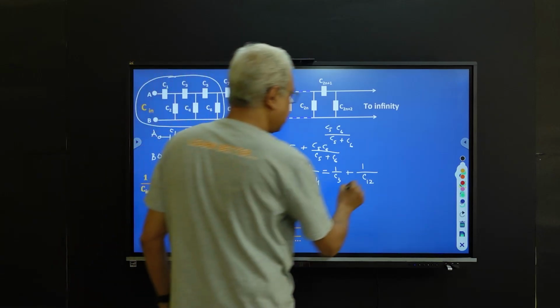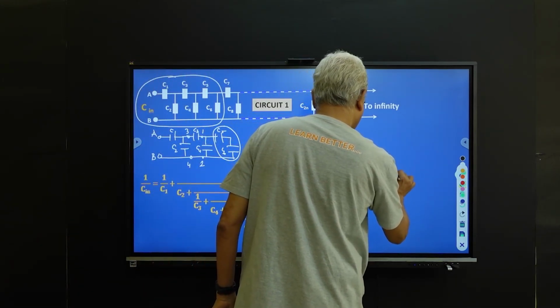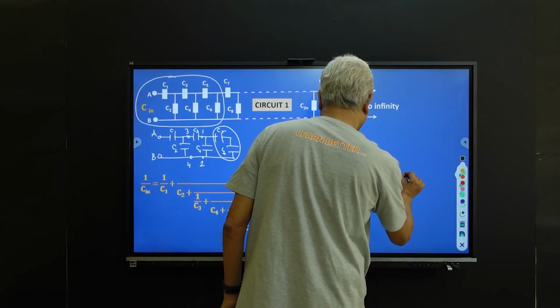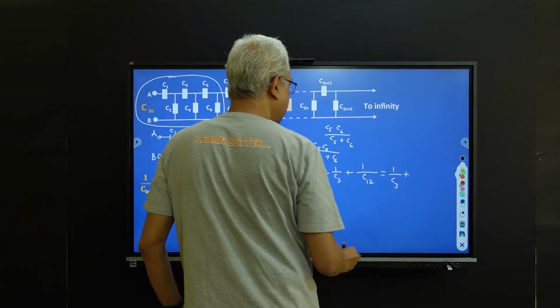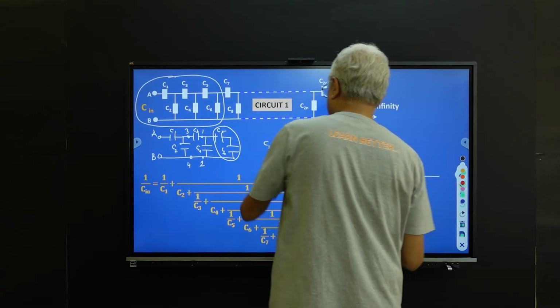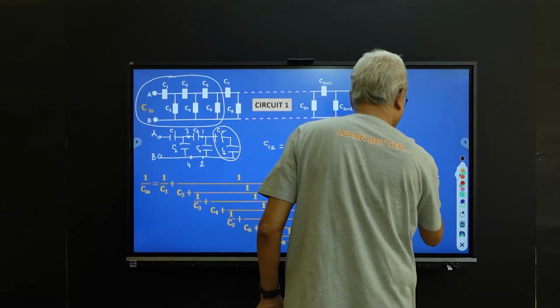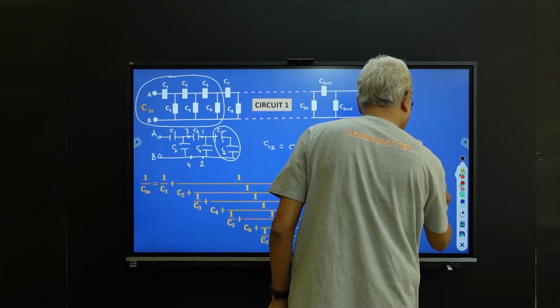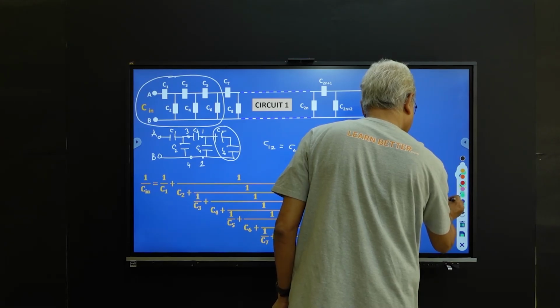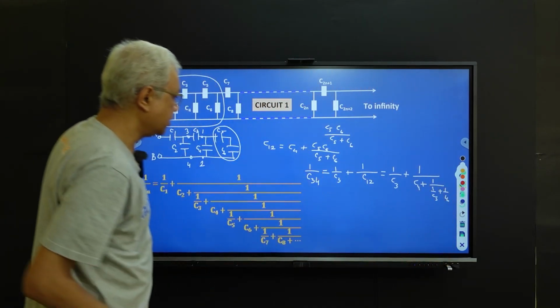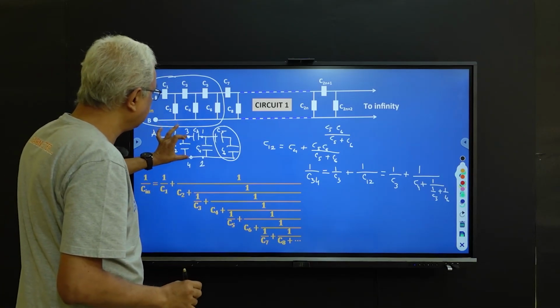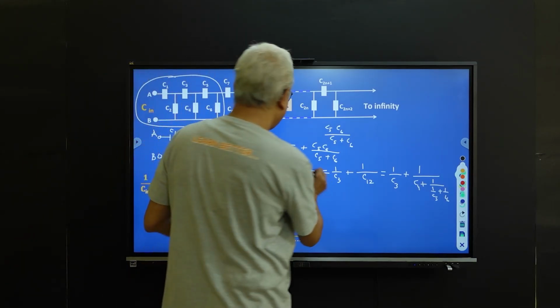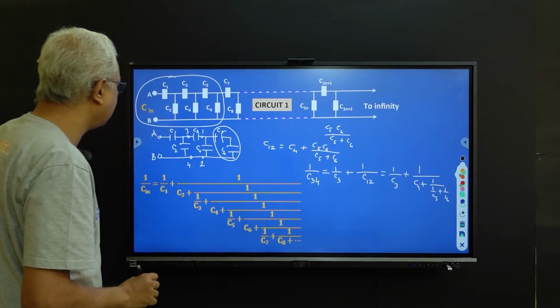So it is 1 by C3 plus 1 by C12, where C12 is C4 plus C5 C6 by C5 plus C6. C34 is the equivalent capacitance between 3 and 4.